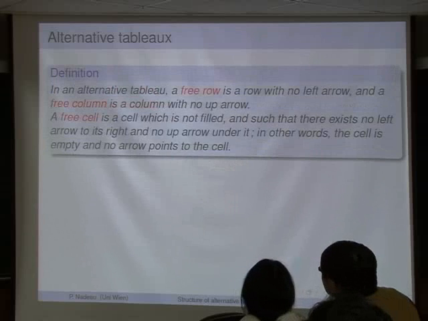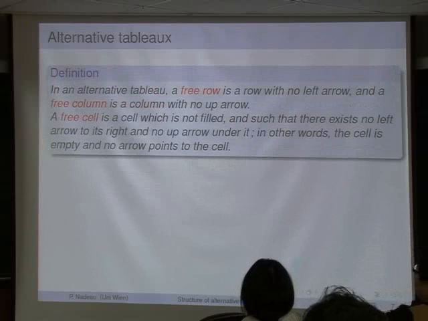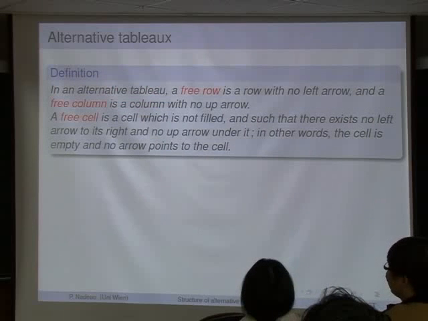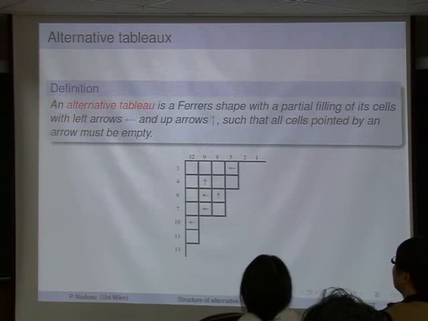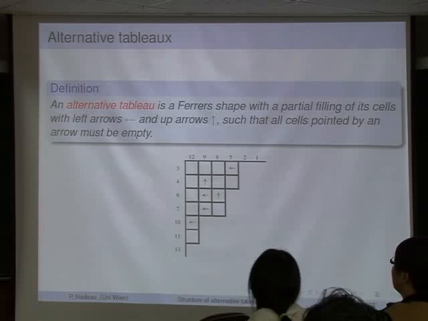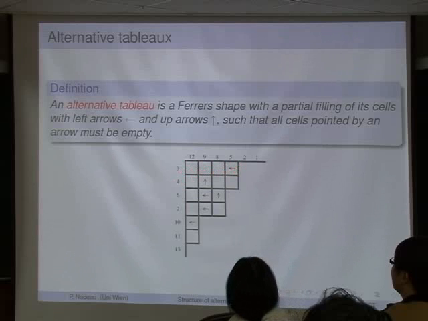And free cells. A free cell is a cell which is not filled, so it cannot contain any arrow. Plus, there are no arrows that point to this cell. Okay? So in this case, you see these ones are not free because this points.